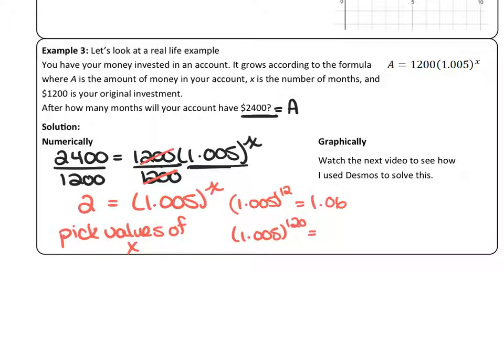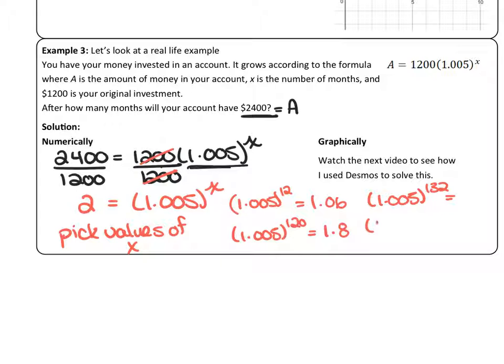So that's the hard part, is starting off to try to figure out what it is. And this is 1.8. So I did get a lot closer, but it's still not close enough. So keep trying and I will come back and tell you what I actually got. Okay, so I crunched a few numbers. I tried 1.005 to 132, which would be 11 years, and it wasn't close enough.